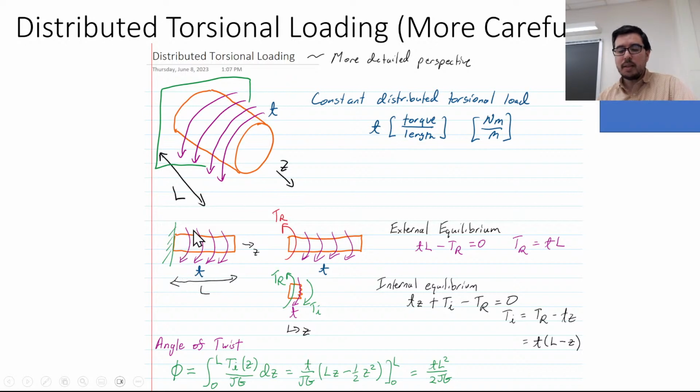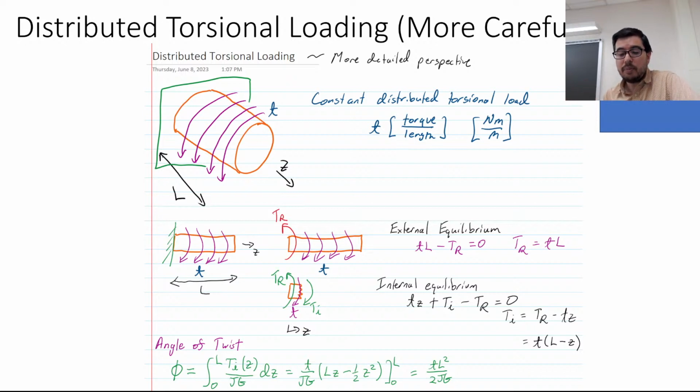With this distributed torque, just like you have with a distributed force, there's going to be no internal torque at the right end. Remember how when we have gravity acting on a hanging bar, there's no internal force at the right end because there's no material there for it to act on.